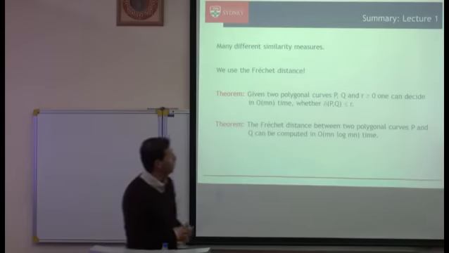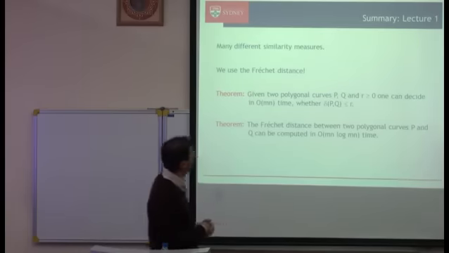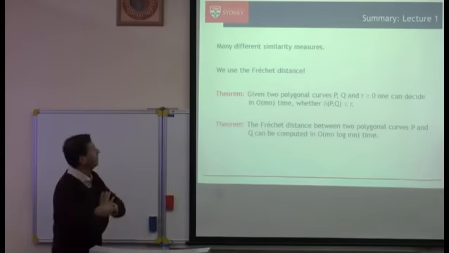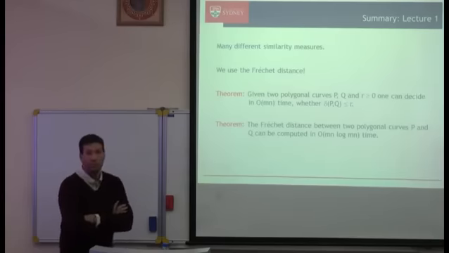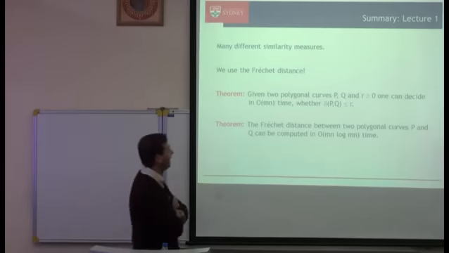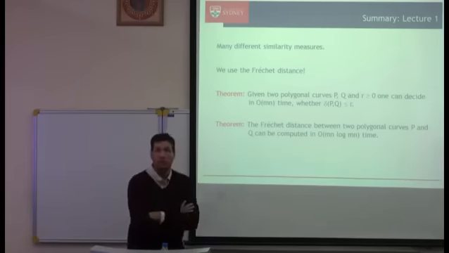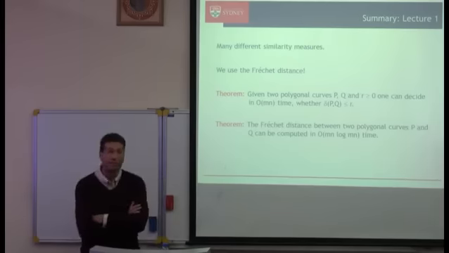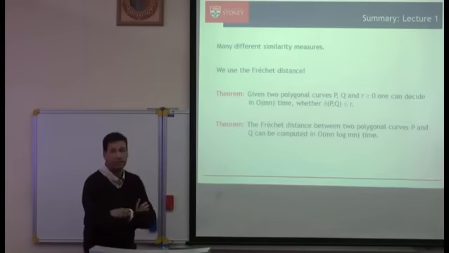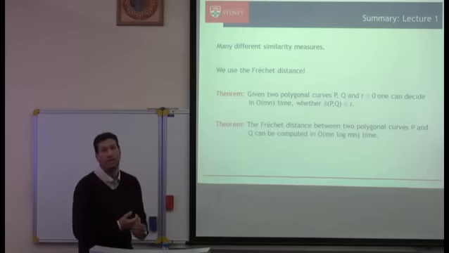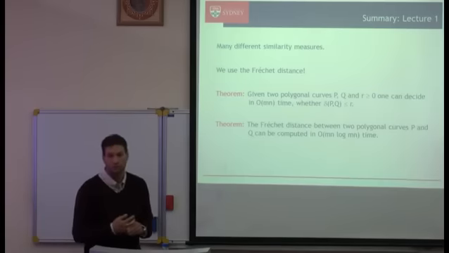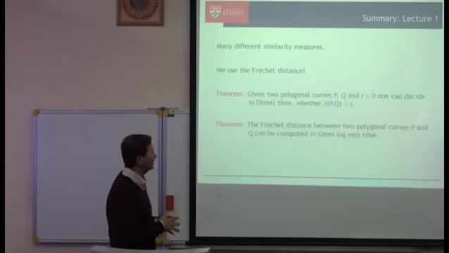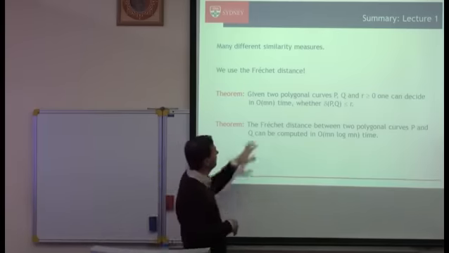Okay, so just to summarize lecture 1 a bit early, but I'll do it anyway. There are many, many different similarity measures. And what we will use in this winter school is the Fréchet distance, which I think is probably the most accurate distance measure for curves. The drawback is that it's a bit slow, right?